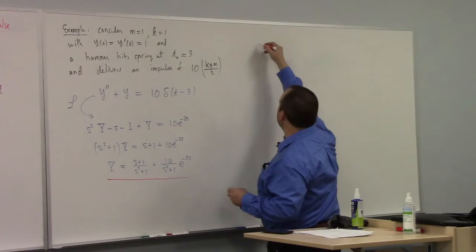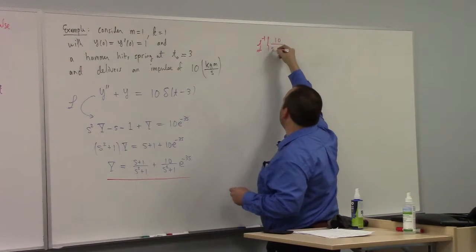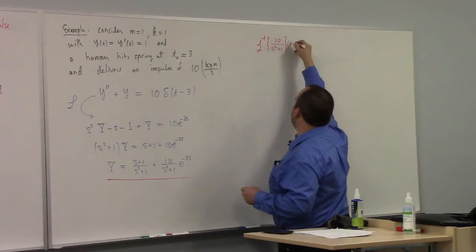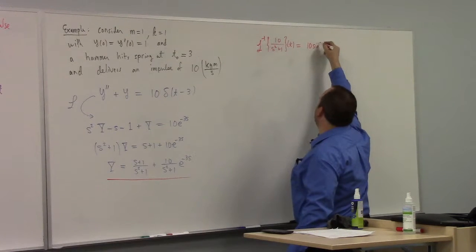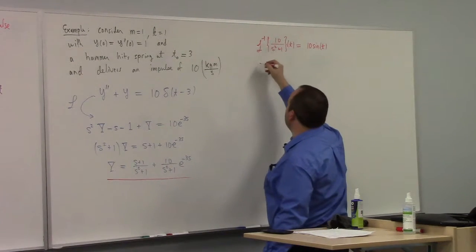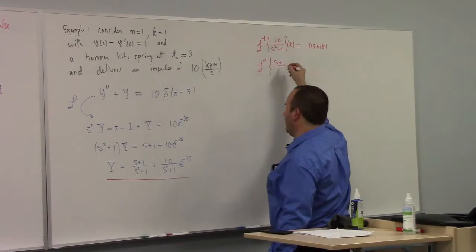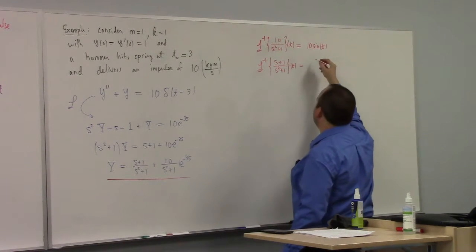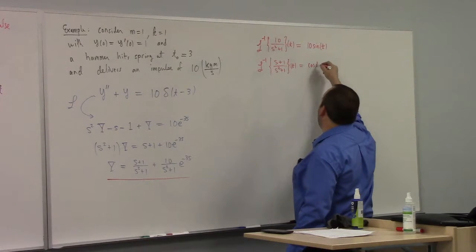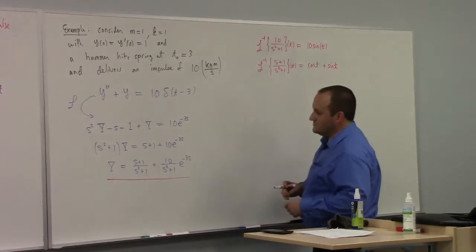I remind you that the inverse Laplace transform of 10 over s squared plus 1 is simply 10 sine of t, right? And the inverse Laplace transform of s plus 1 over s squared plus 1, I should have made this problem uglier, I almost made it too easy, is cosine t plus sine t, right?